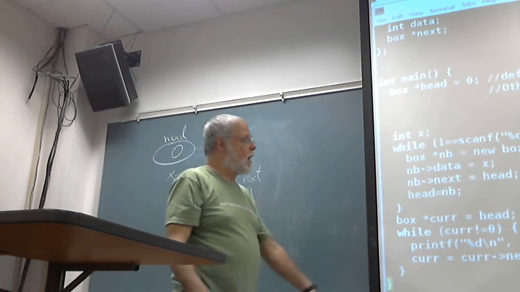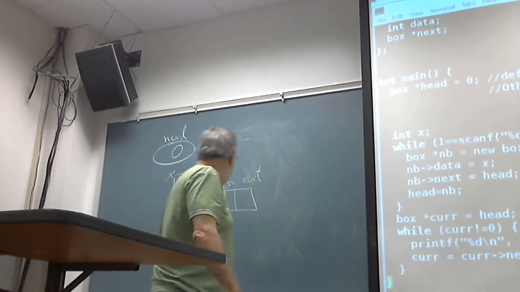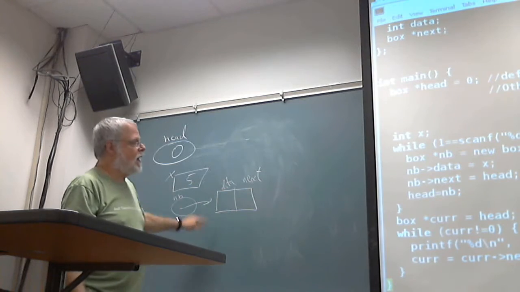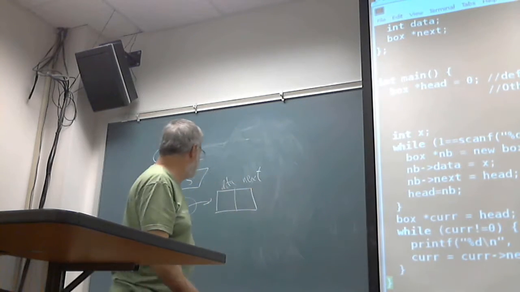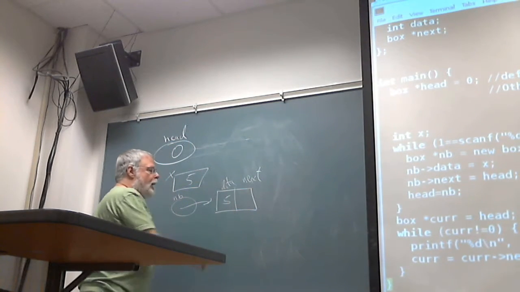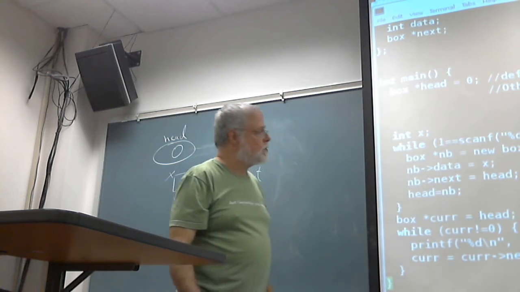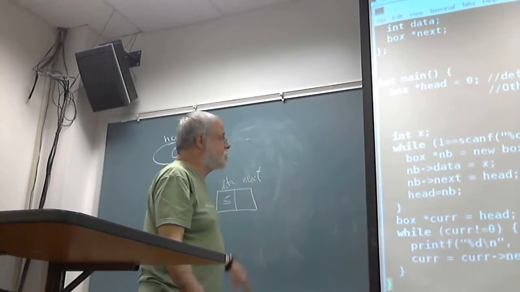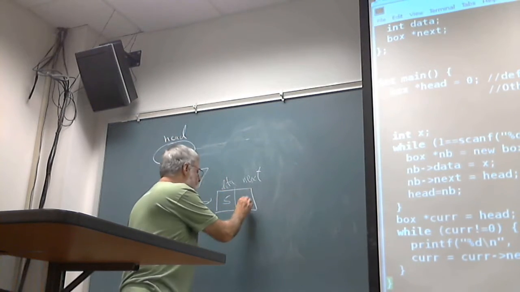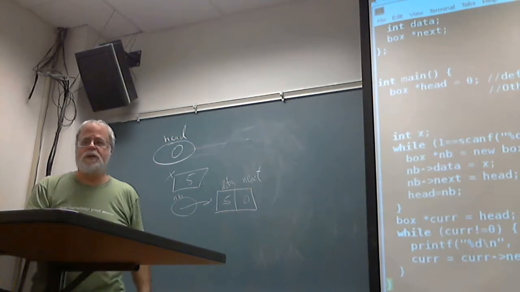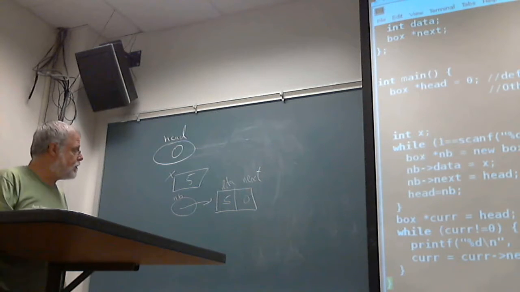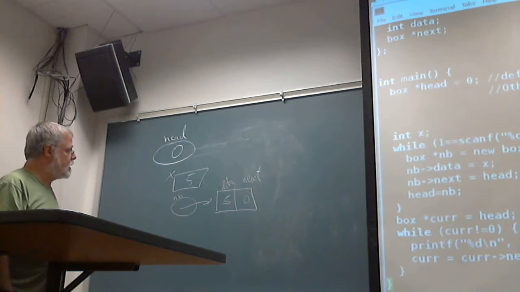What are we doing? I'm taking the value that's in X, which happens to be a 5, and I'm putting it into the data field. I'm taking the value that's in head, so what's in head? There's a 0 there, and I'm putting it in here. That 0 basically means stop. We'll see how that works in a second.